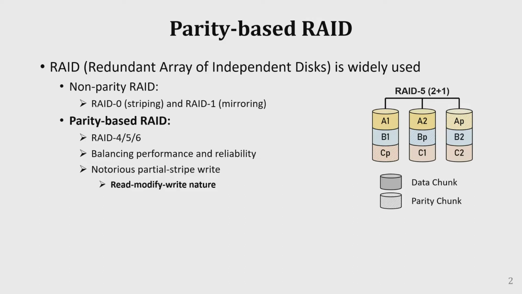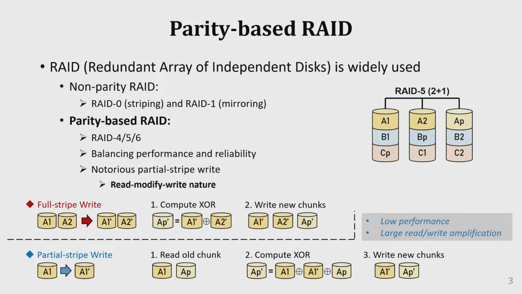However, parity-based RAIDs need a more complex write processing method called read-modify-write. For a full stripe write, where all data chunks of a stripe are written, the RAID system generates all new parity chunks at once and then writes both data and parity chunks into the corresponding disks.